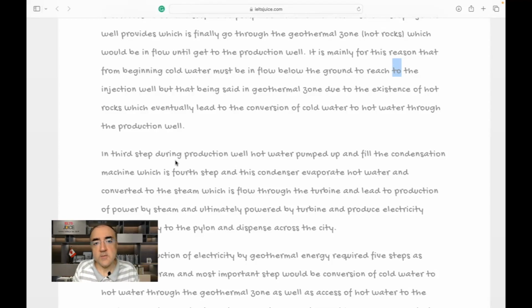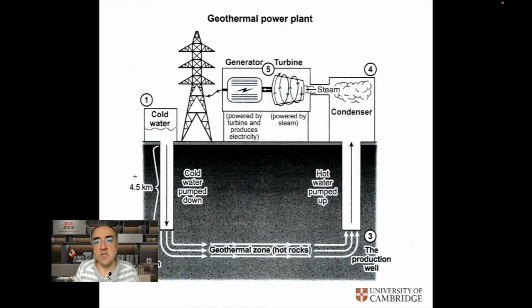So in the third step, during the third phase, comma, hot water is pumped, I need passive voice, is pumped up and fills the condensation machine. Okay, the hot water does not fill the condensation machine. It's the steam that, you see, it's the steam that is piled up in the condenser.